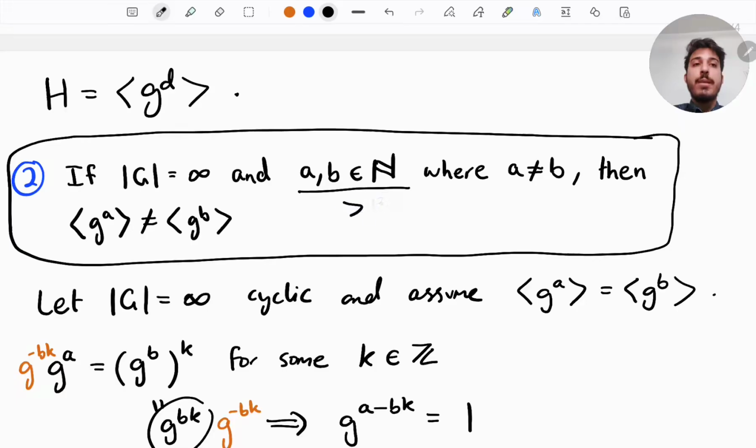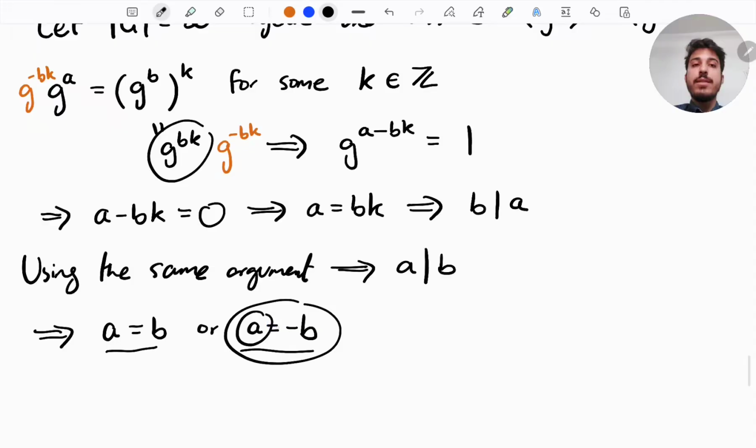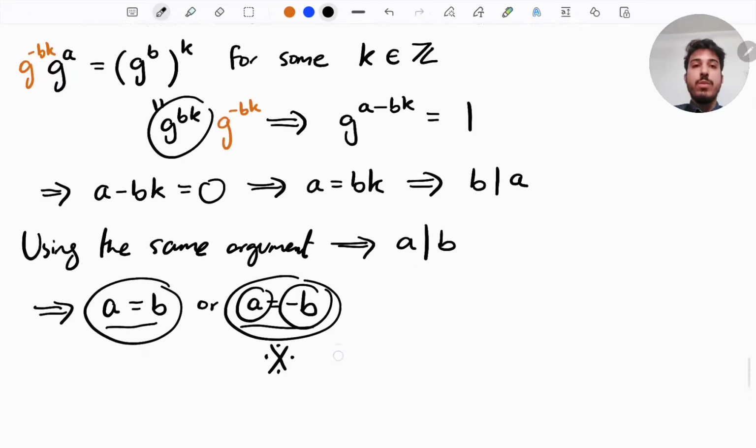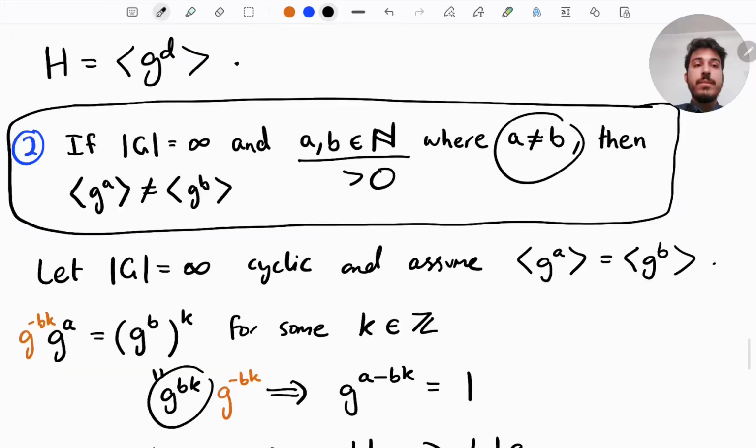In other words, both A and B are bigger than 0. If A is bigger than 0 and negative B would be less than 0, that would be a contradiction. So we should have that both A and B are equal. Therefore, proving the contrapositive of this statement and terminating the second part of the proof.